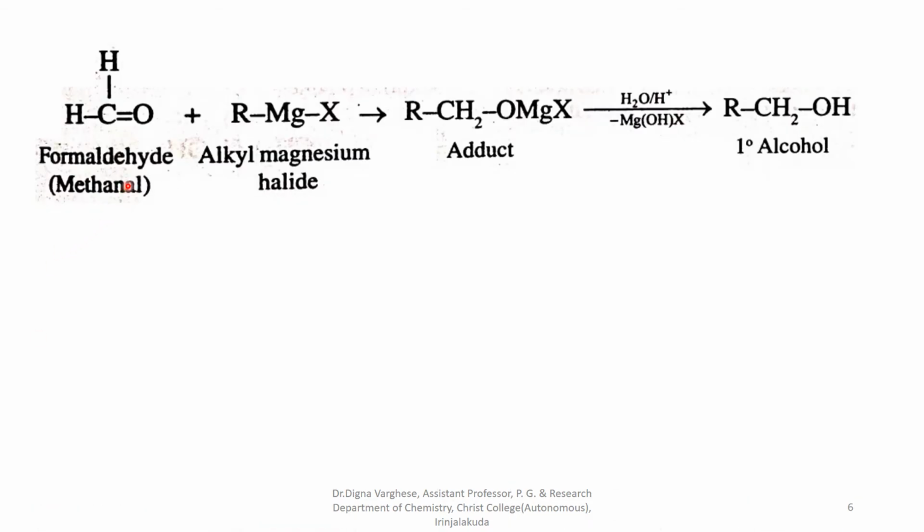Here you can see formaldehyde. The type of alcohol produced depends on whether the starting carbonyl compound is formaldehyde or any other aldehyde or a ketone. Formaldehyde, whose molecular formula is HCHO, reacts with alkyl magnesium halide and forms an adduct.